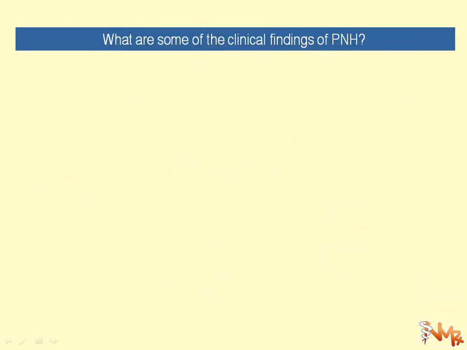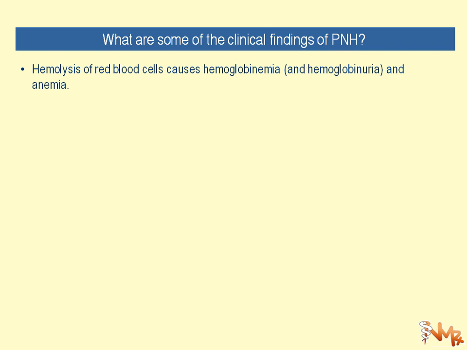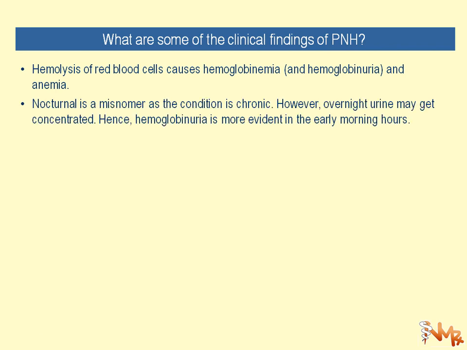What are some of the clinical findings of paroxysmal nocturnal hemoglobinuria? Well, hemolysis of the red blood cells causes hemoglobinemia and hemoglobinuria, and as a result, anemia. So these patients lack energy. I want you to know that nocturnal is a misnomer as the condition is chronic.